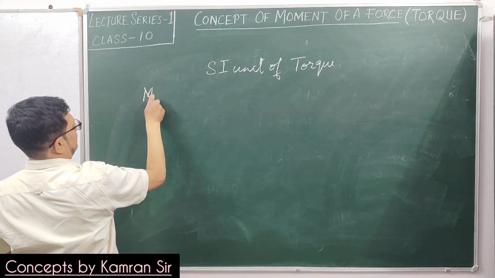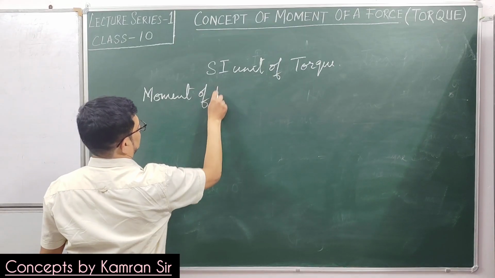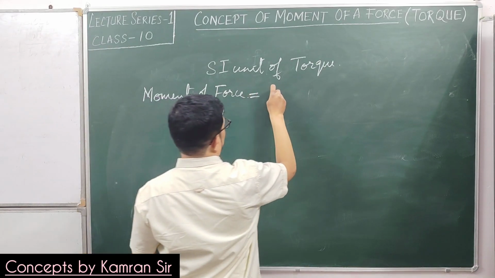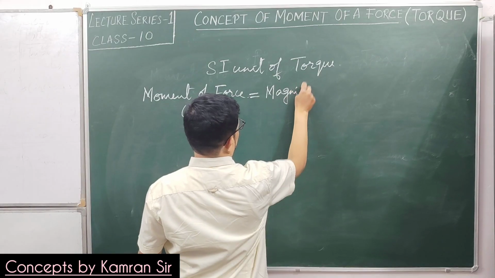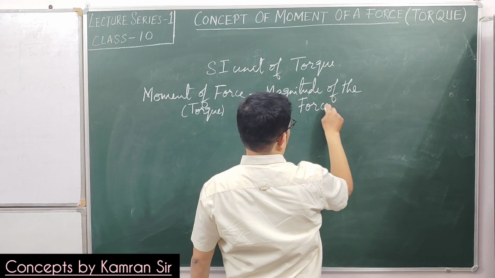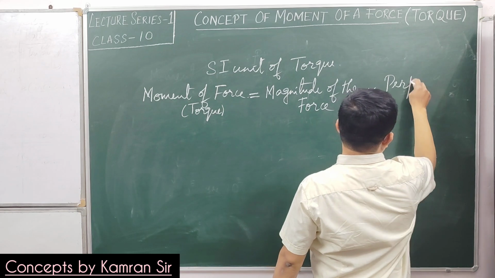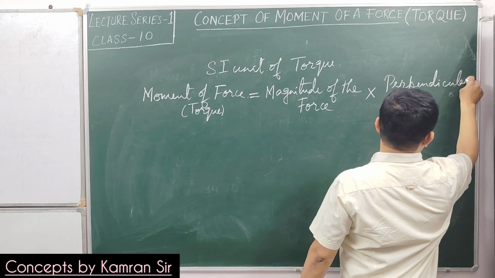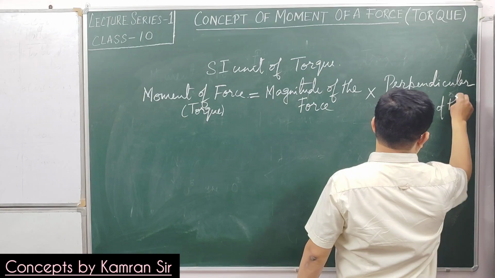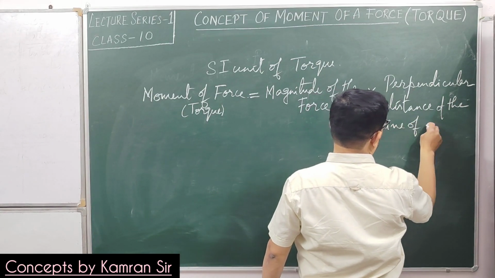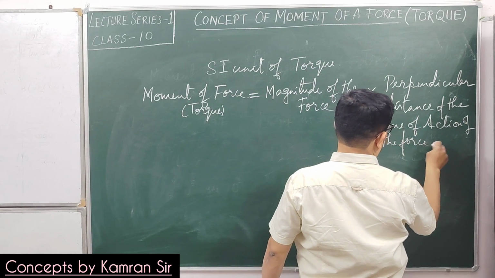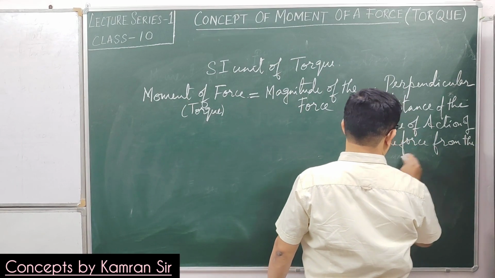We know from our equation that moment of force, which is torque, is equal to magnitude of the force times perpendicular distance of the line of action of the force from the fixed axis.